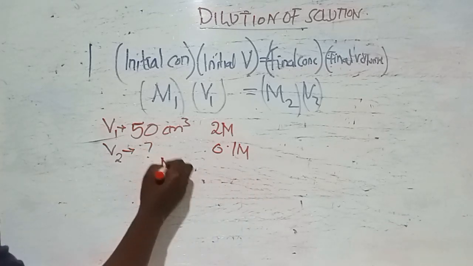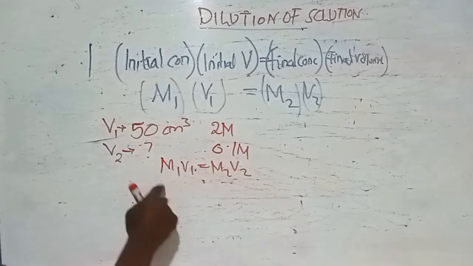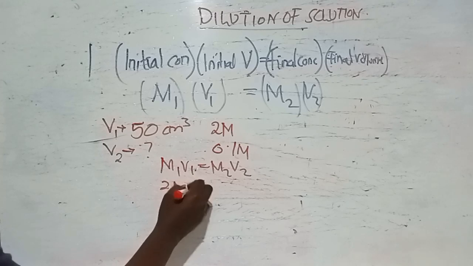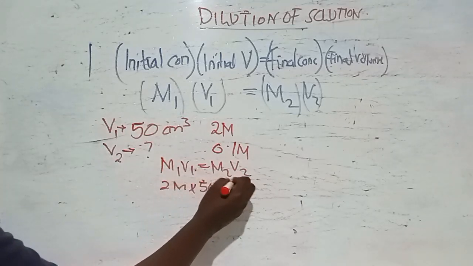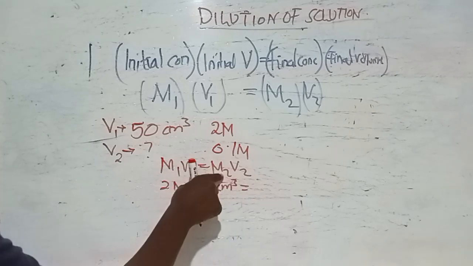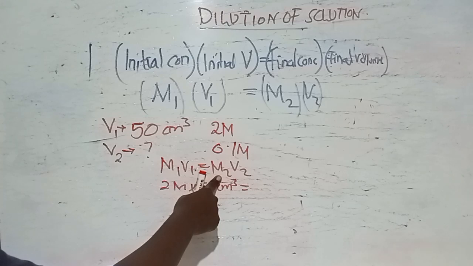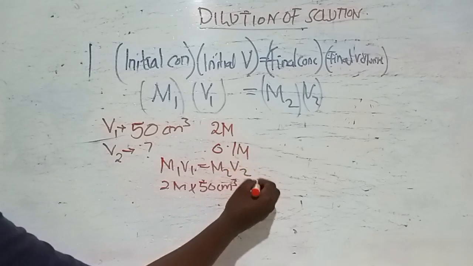So what do you say? M1 V1 is equals to M2 V2. M1 is the initial concentration, which is 2 molar, you multiply by the initial volume, which is 50 centimeters cubic, to give you your M2, which is 0.1 molar.